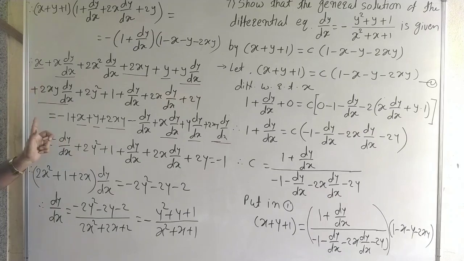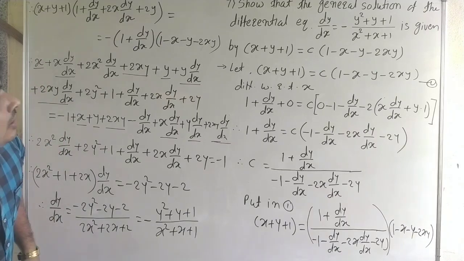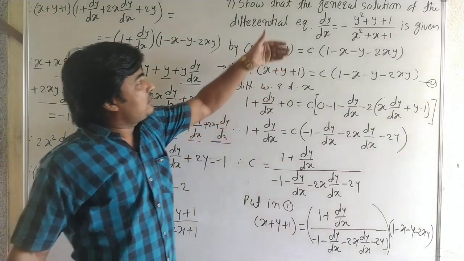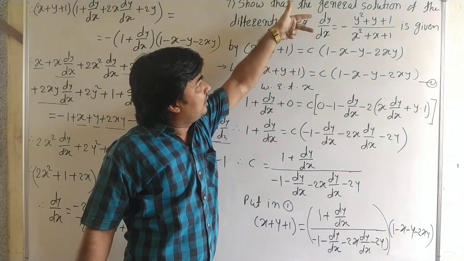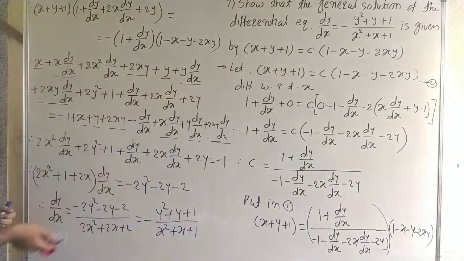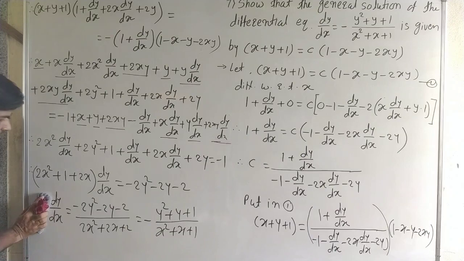See carefully this. And the other method is by the solution of the differential equation. Okay, here first we consider this differential equation, and the solution of this differential equation is this, by using the variable separable method. See carefully this.